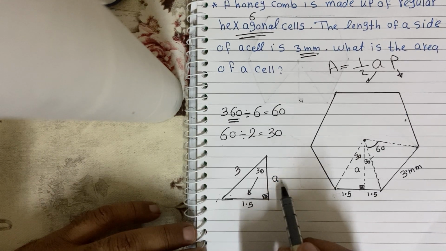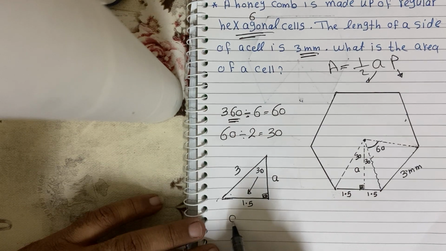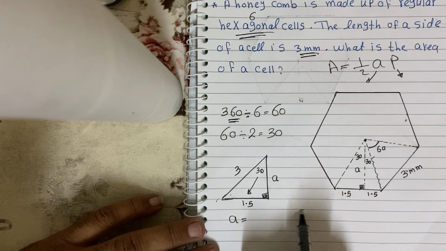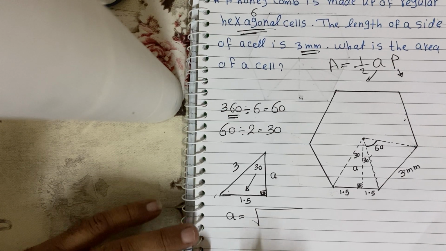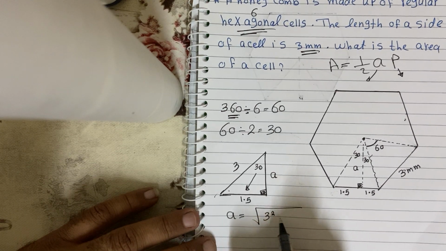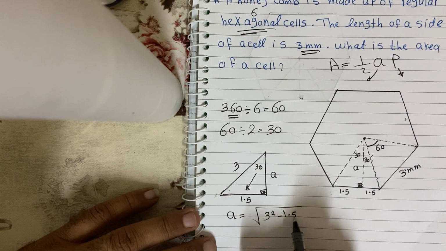After that, we need to find A by using the Pythagorean theorem. The length of A equals the square root of 3 power 2 minus 1.5 power 2.